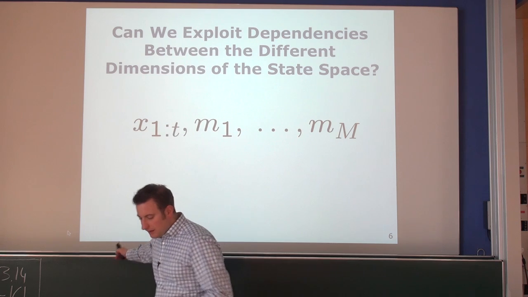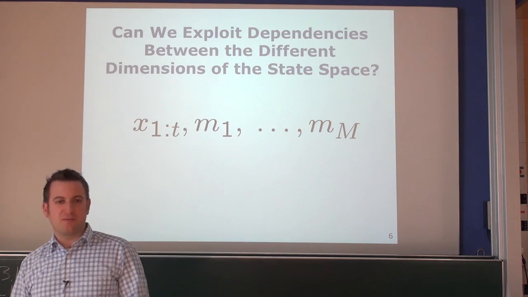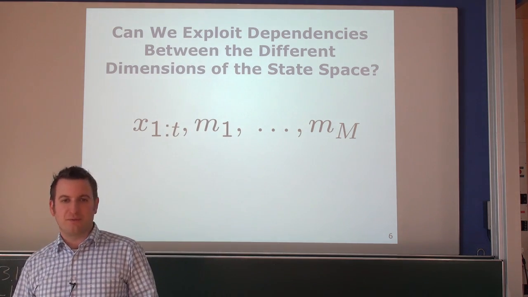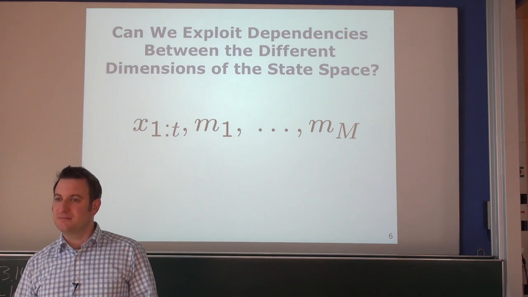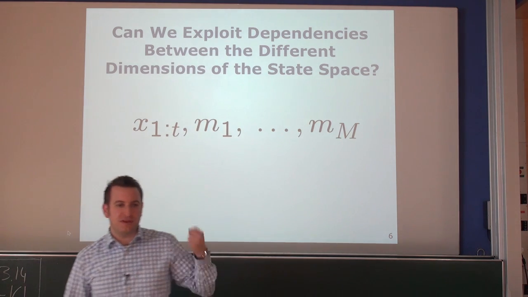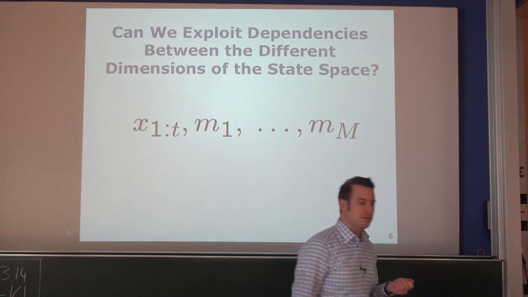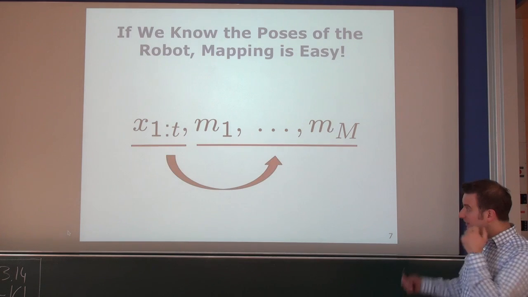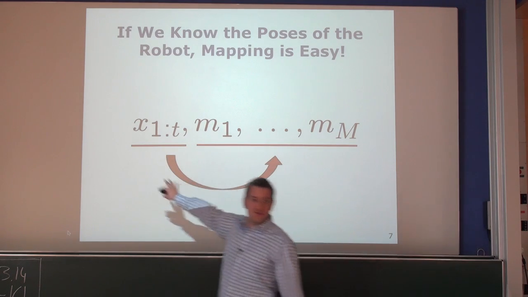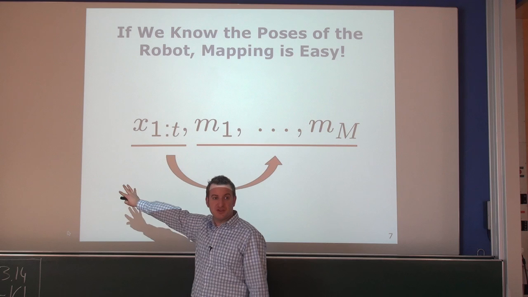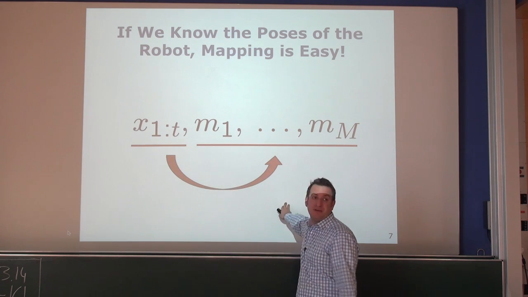So the key underlying assumption of this mapping algorithm was, once I know the poses of the robot, mapping is easy. So if we know where the robot is during data acquisition, mapping is easy. That's exactly what we learned. Given we know the trajectory, estimating the map is easy.